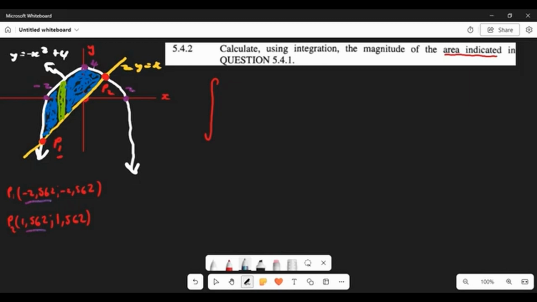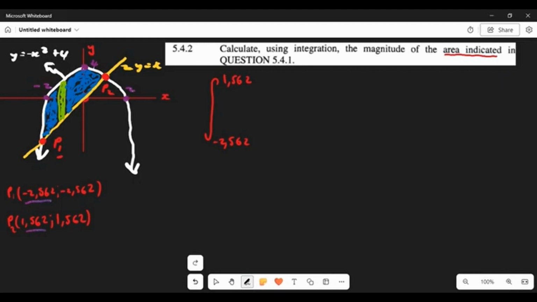So the highest number is 1,562, and the lowest number is negative 2,562, meaning that the upper limit is 1,562 and the lower limit is negative 2,562. These are the limits, because when you look at the x-axis, that's where our area starts and that's where it ends.